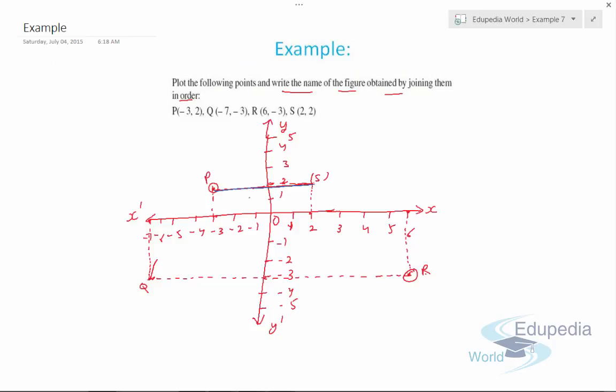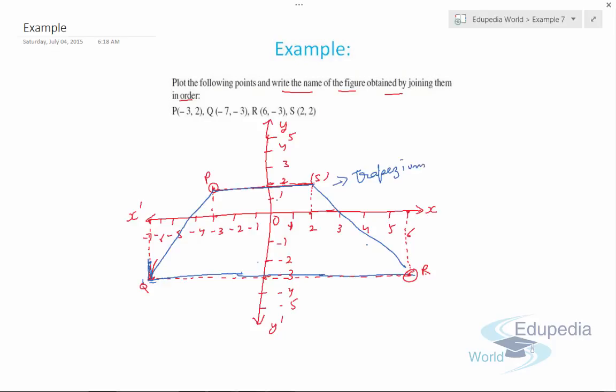You can join P and Q, and we can join Q and R. Then we can join S, R, and we can join P and S. So which clearly signifies that the figure is a trapezium.